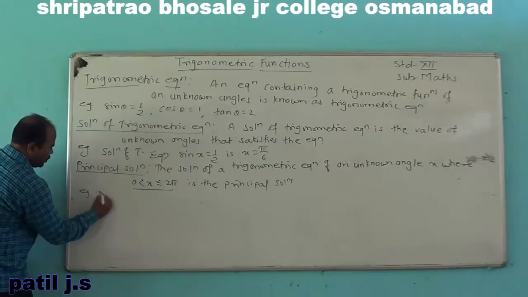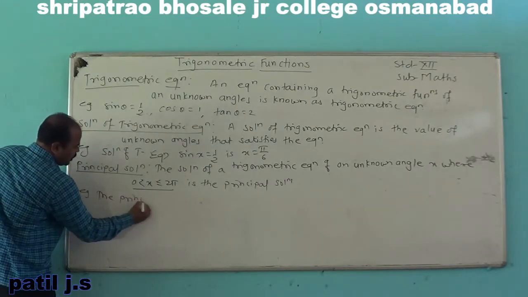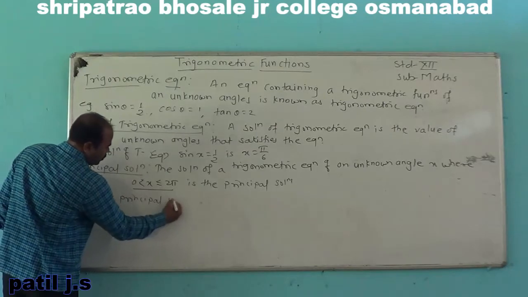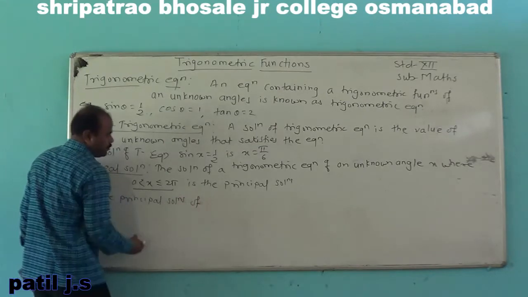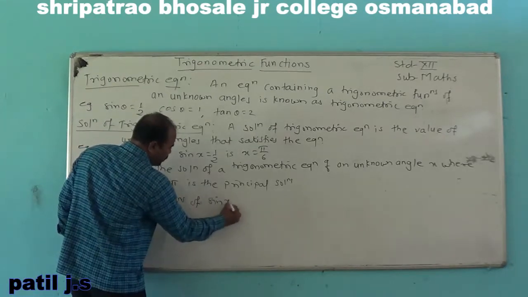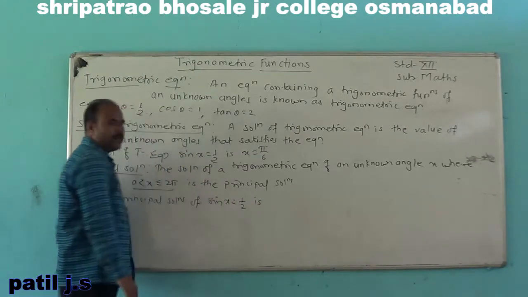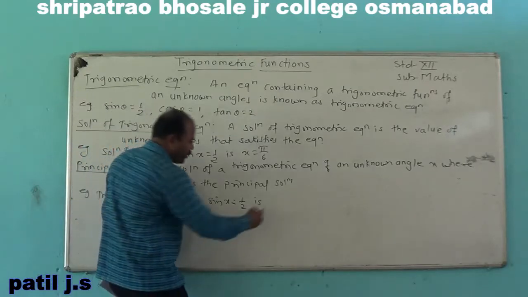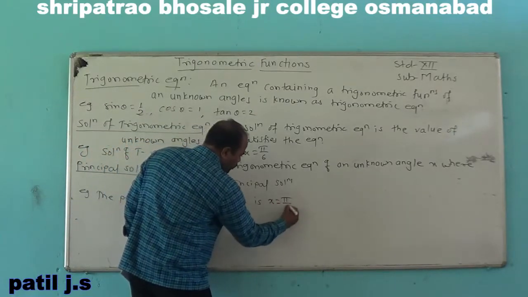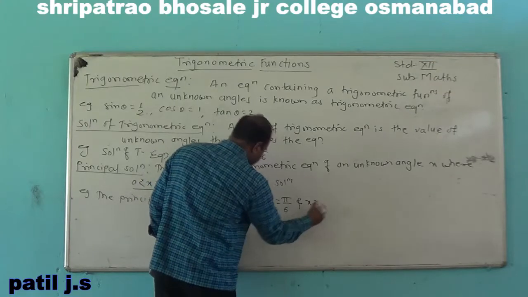Example: the principal solutions of sin x is equal to 1 by 2 are x is equal to pi by 6 and x is equal to pi minus pi by 6.